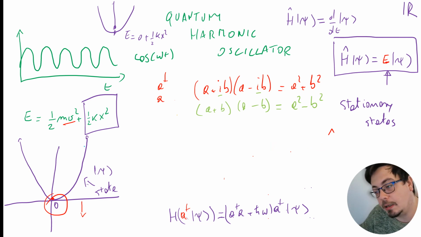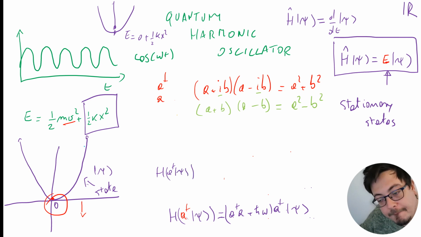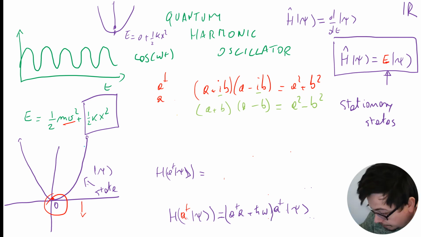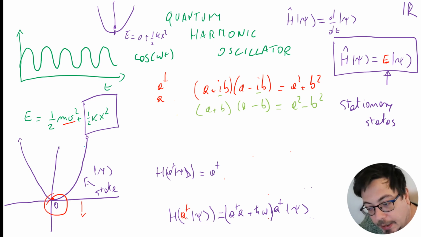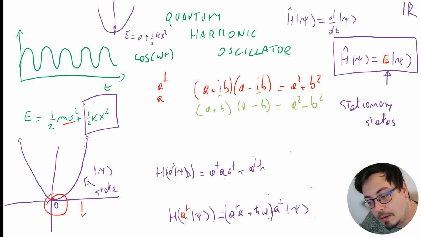Let's see if we can do some little algebra. So we got H a dagger psi, and now this is a parenthesis with a plus, so we multiply this number times this, and we get a dagger a a dagger plus a dagger h bar omega.